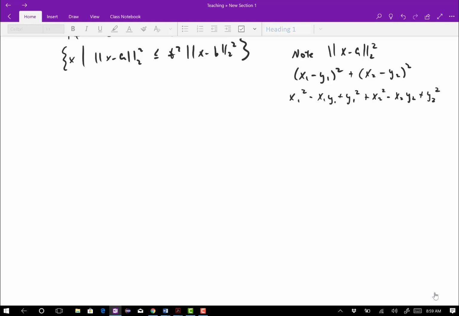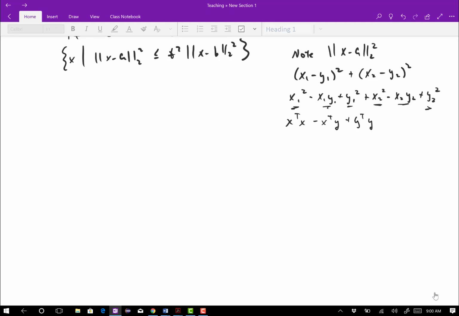Okay, now if we look at these terms, if we take this term and this term, we can just write that as x transpose x. And if we take this term and this term, this would be minus 2 x transpose y. And then this term and this term give us plus y transpose y. So we can write that norm like that.